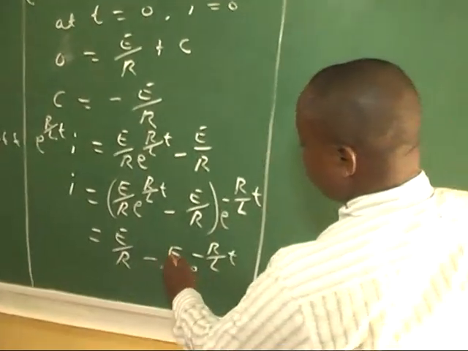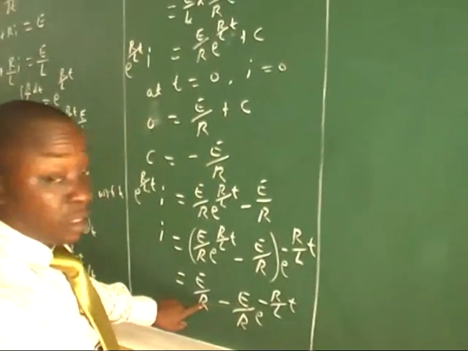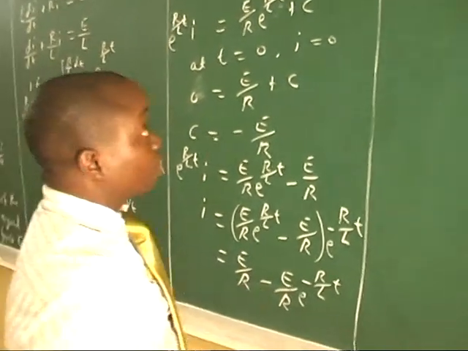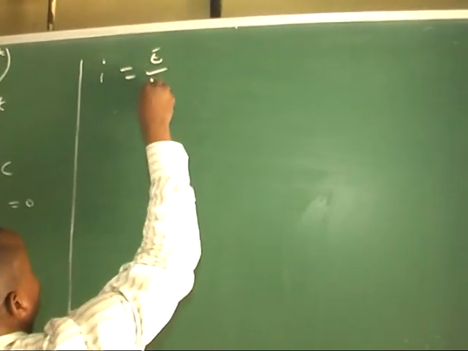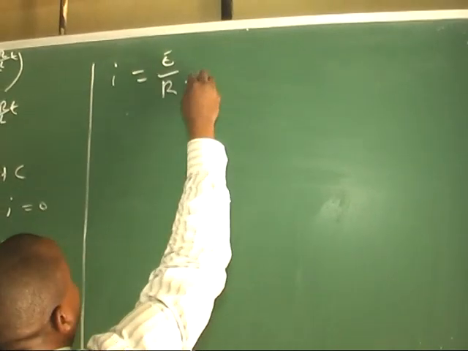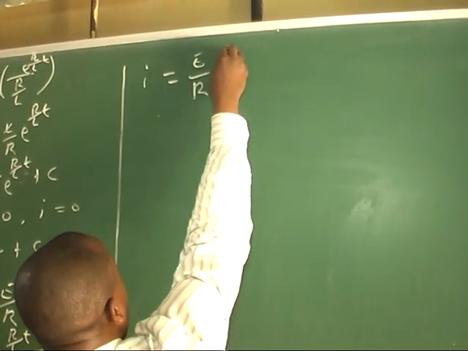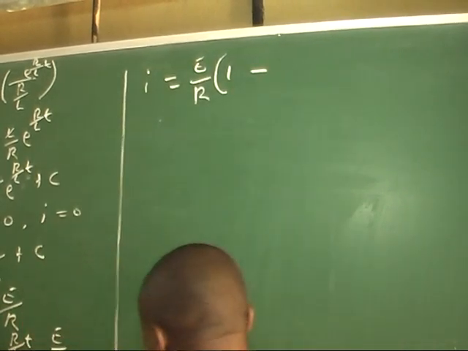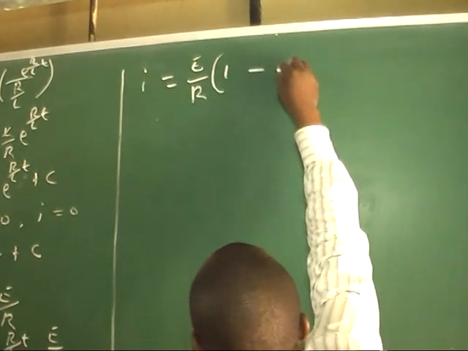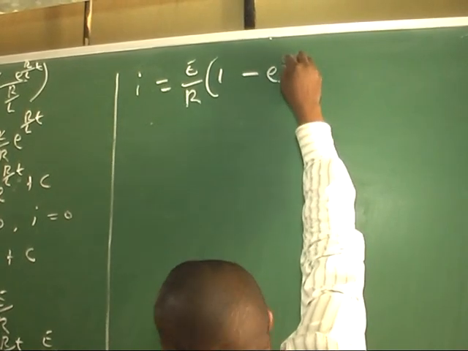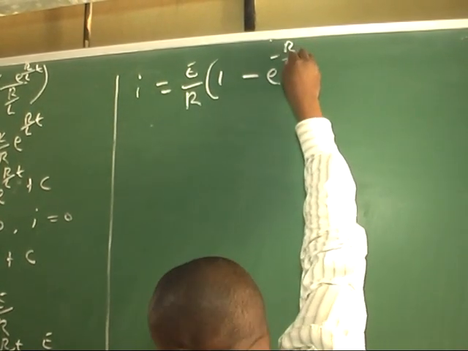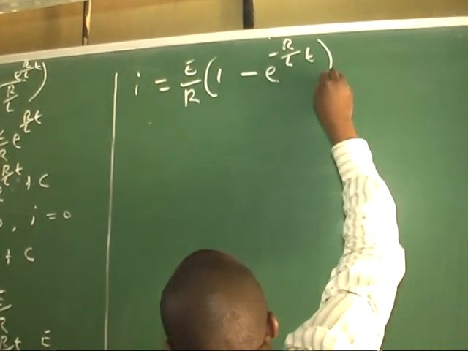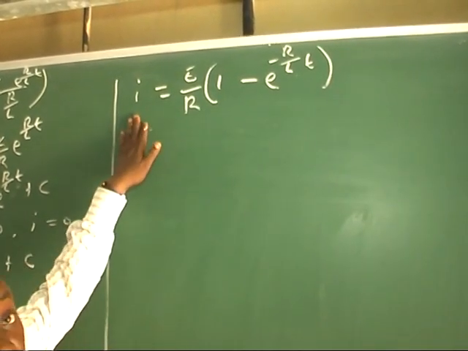I can just factor out the common thing here. So I will be equal to E over R, bracket 1 minus exponential minus R over L t. So this is the current.